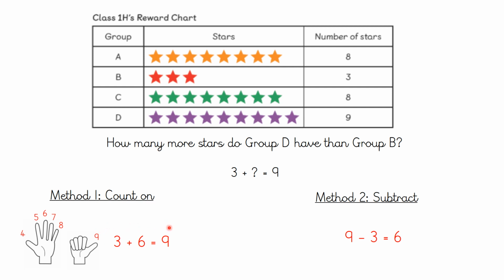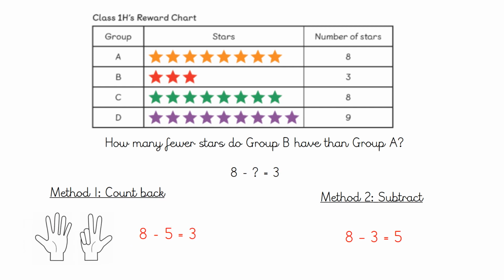We could also subtract. We know that 3 plus something equals 9, so we can say 9 take away 3 will equal that something. We know that 9 take away 3 equals 6 because we can figure that out in our head.